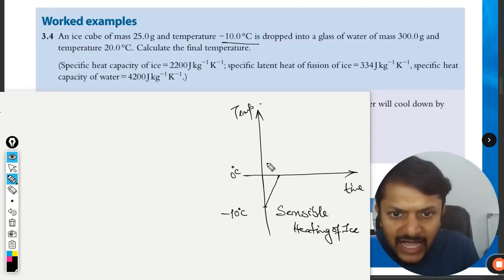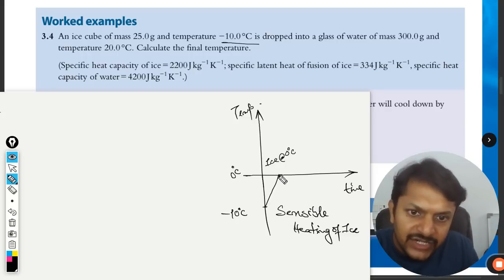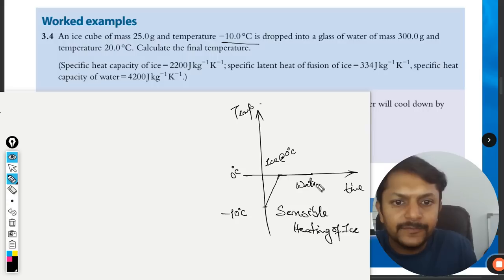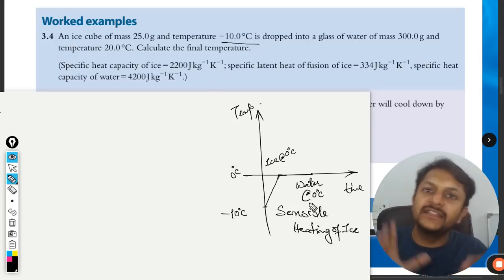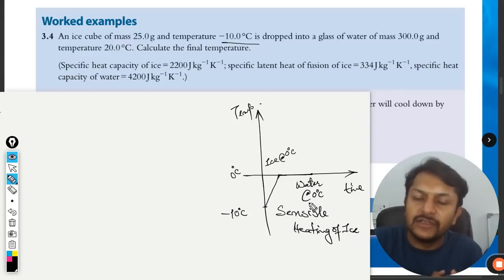Once it becomes ice at 0 degree, it starts melting and it melts into water at 0 degree. In the phase change, as we have already seen, there is no change in temperature. So temperature has not changed. So ice at 0 degree C is converted into water at 0 degree C.